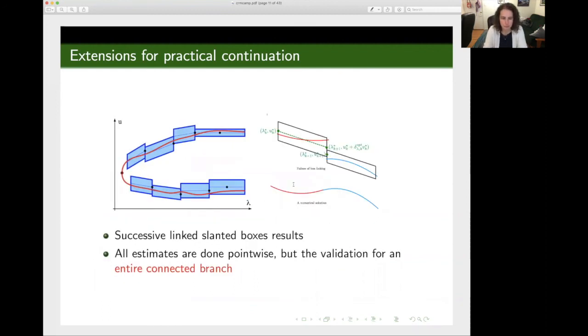So the idea of this practical continuation is, first of all, that we have this series of boxes, which I've now drawn schematically. The dot is where we make our estimates, and the box is the box that's guaranteed by those estimates. And since we're only going in one direction, I haven't drawn both sides of the box. The first point, let's say this black point here, can you see when I point? Is that with my cursor? Yeah. Okay. Yeah, we can see.